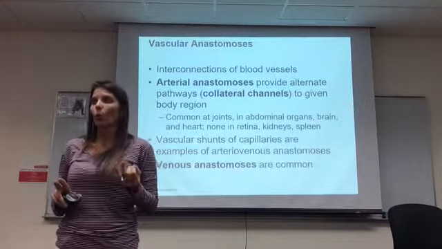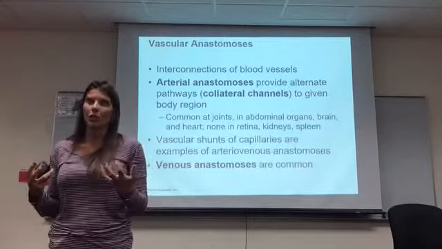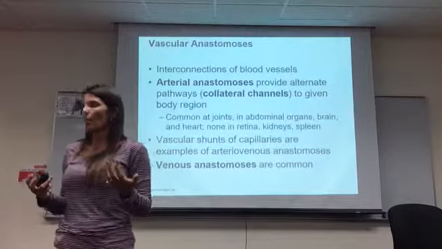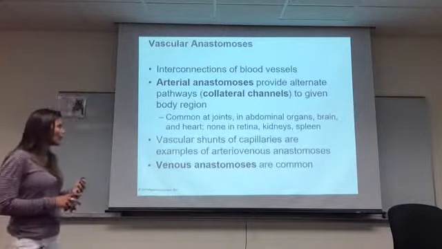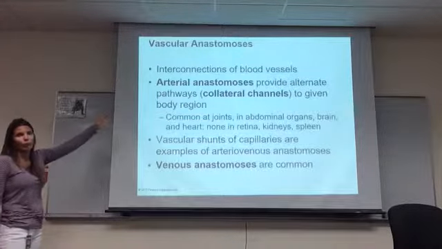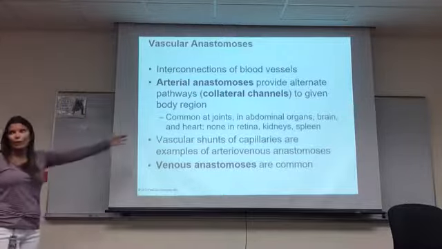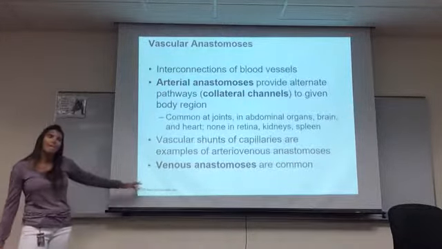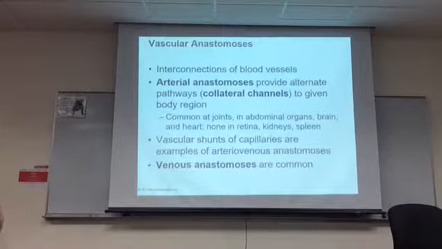So we're going to talk about, like, when you exercise, you need an increase in blood flow, and so we need vessels to be able to accommodate that increase in blood flow. Okay? So arterial anastomoses are going to be located where? In the arteries. Where do you think venous anastomoses are going to be? Veins. Yeah. Good.